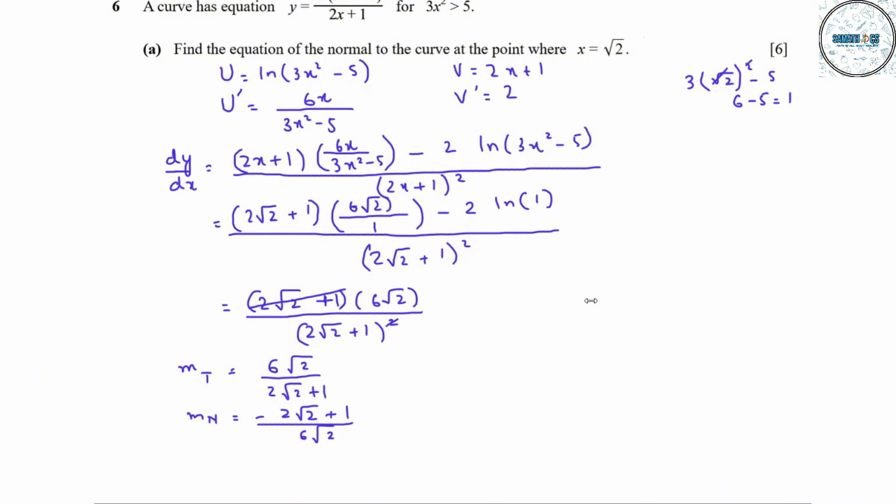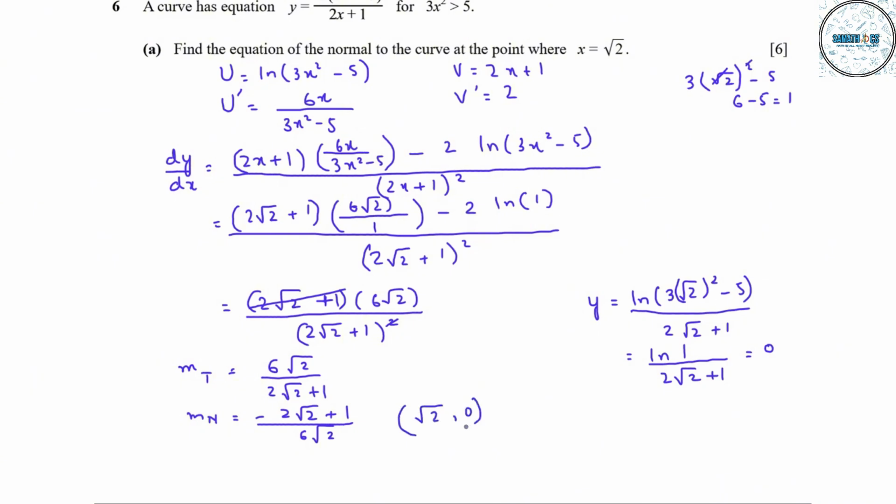For that, we need to substitute this √2 in the equation which is given in the question. 3(√2)² minus 5, upon 2√2 + 1, which is ln 1 divided by (2√2 + 1). So which will be 0. So we have coordinates here (√2, 0).